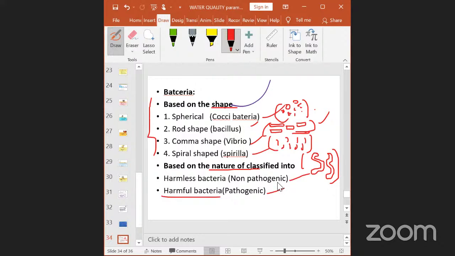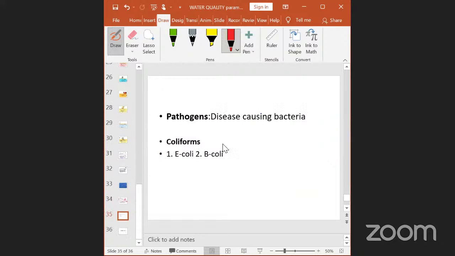Pathogenic means disease-causing bacteria. Testing and counting the pathogens is very difficult as well as very costly.